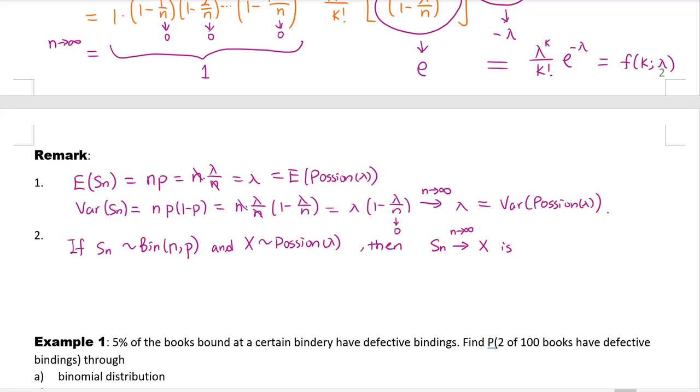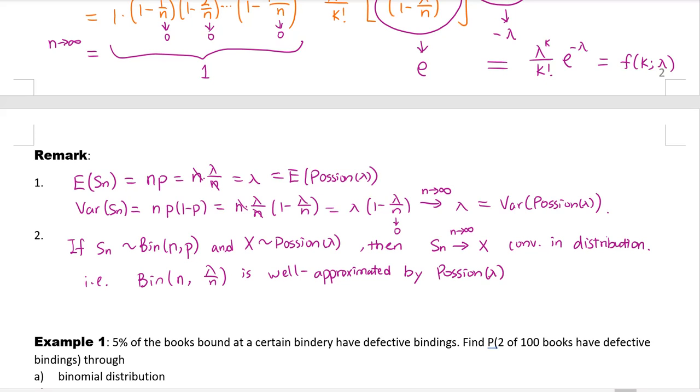And this is convergence in distribution. Okay? And that is, the binomial distribution is well approximated by the Poisson distribution when n is large.